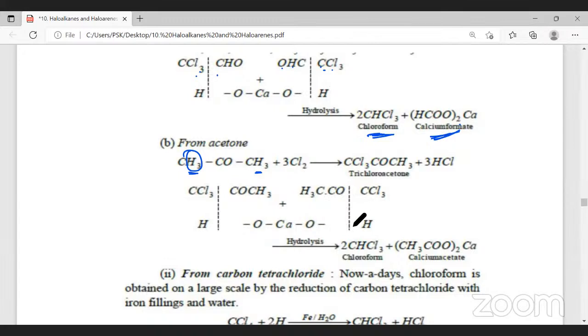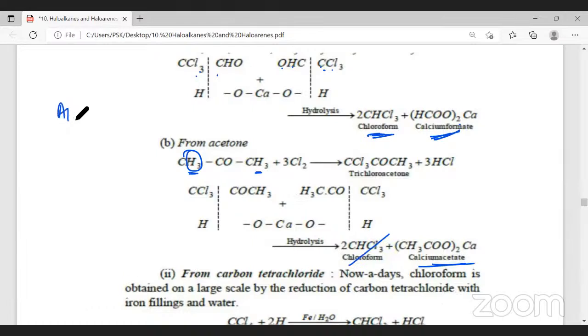This trichloroacetone is allowed to react with calcium hydroxide. So what takes place? Hydrolysis. CHCl3, chloroform is formed, and you will get calcium acetate, (CH3COO)2Ca. So the byproducts are calcium acetate and chloroform.